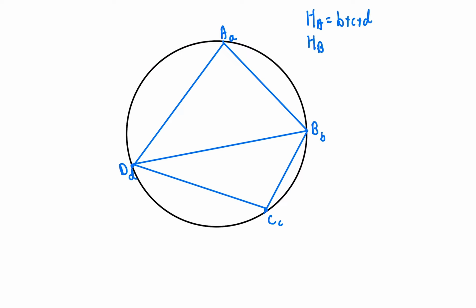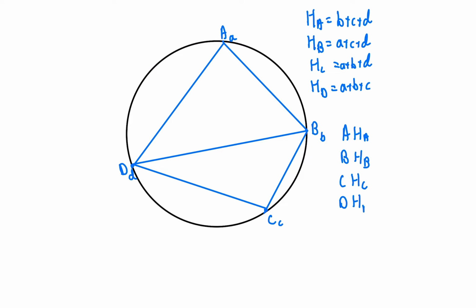Similarly, HB is A plus C plus D, HC equals A plus B plus D, and HD equals A plus B plus C. So we want to prove that AHA, BHB, CHC, and DHD are concurrent, so they meet at a point.